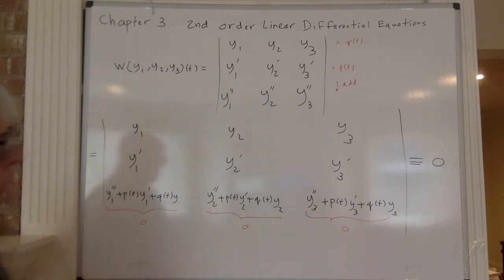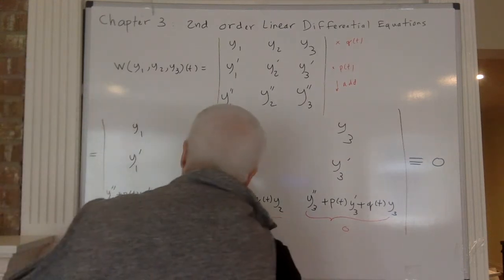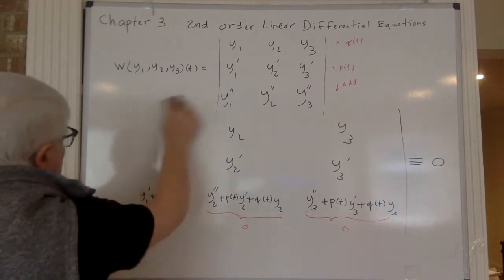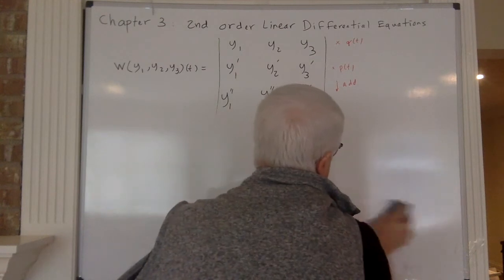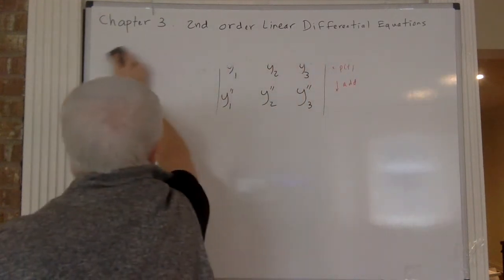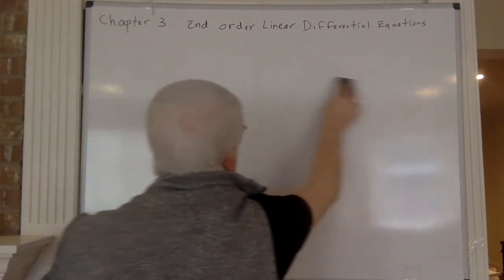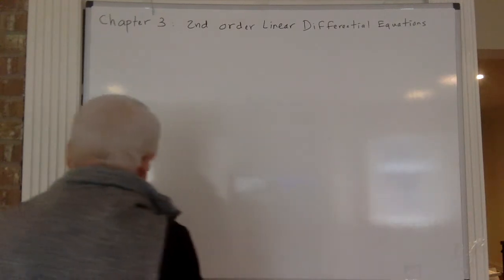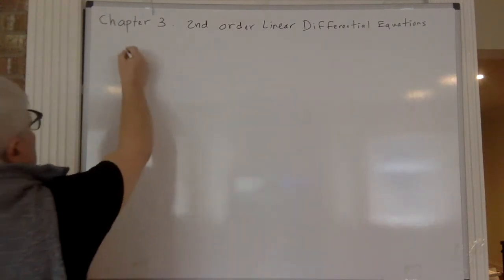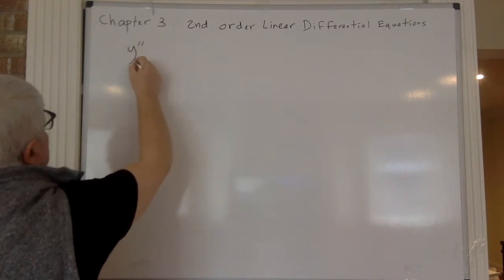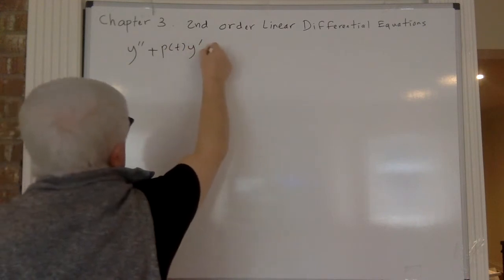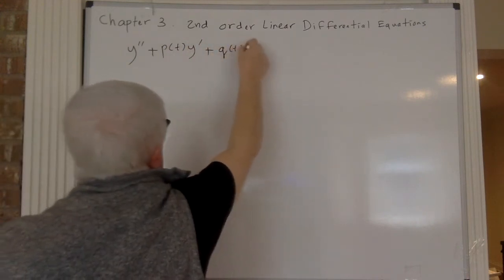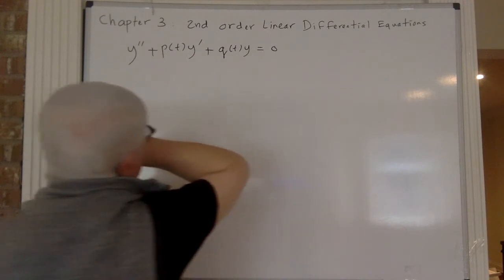Okay, let's erase this and go back to the equation and look at it more carefully. So the equation is y double prime plus p(t) y prime plus q(t) y equals 0.